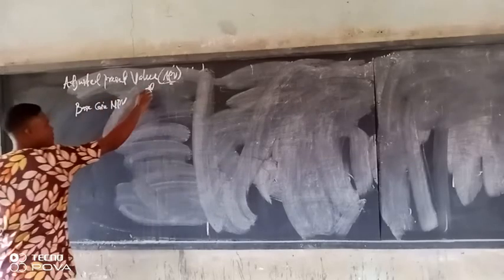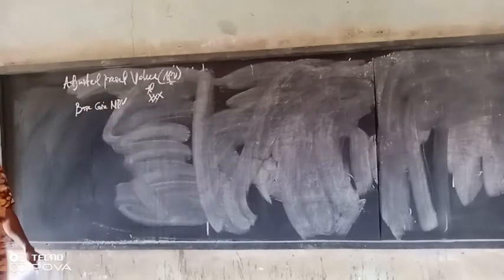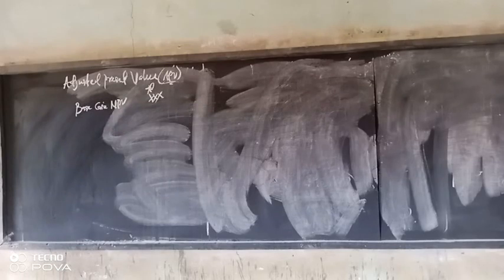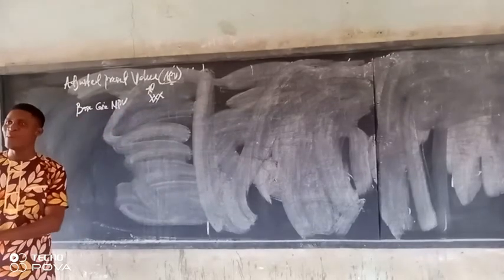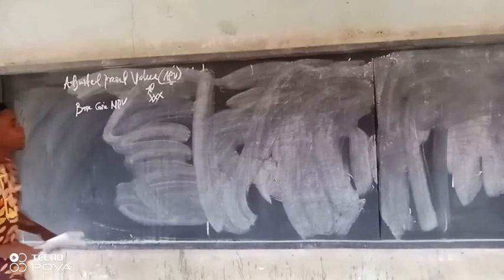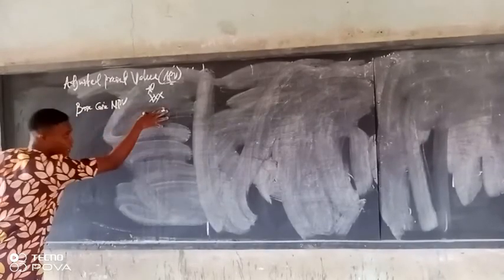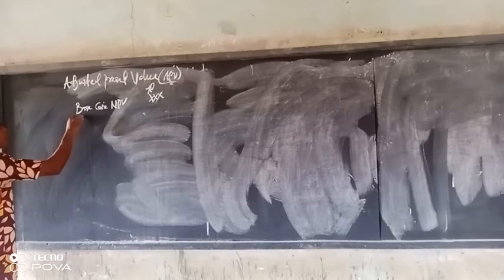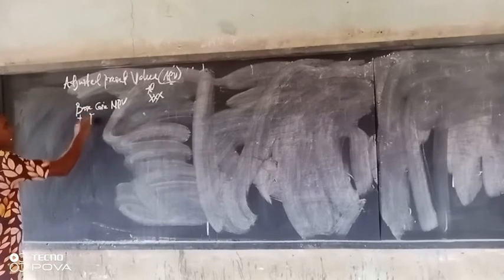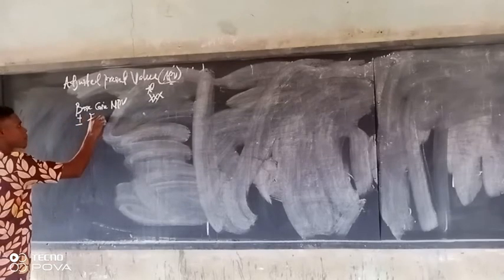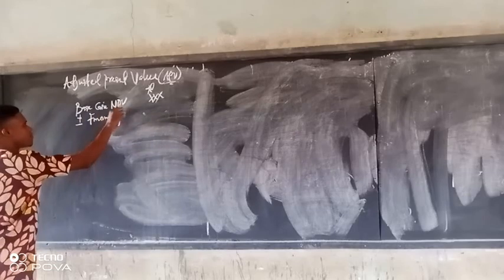Now the question is, what is the meaning of base case NPV? We are coming there. Then, after you have completed your base case NPV, you will now either add or subtract the financing effects.